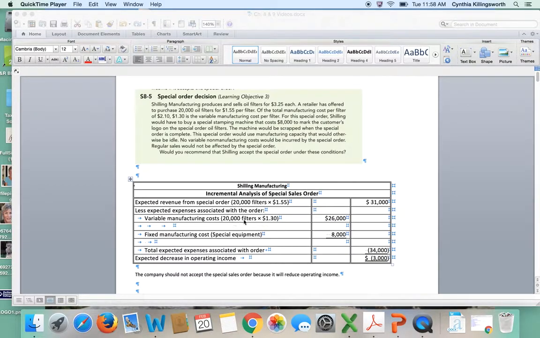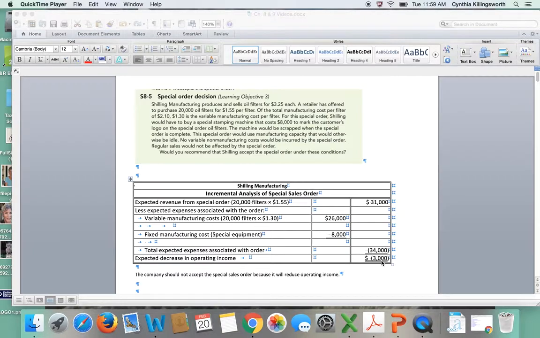So it'd be 20,000 filters times $1.30, and the variable cost would be $26,000. Plus we need to add in that special equipment cost. And we end up with a total cost of the order of $34,000. And you can see this would not be a good decision, because we would lose $3,000 on that order.